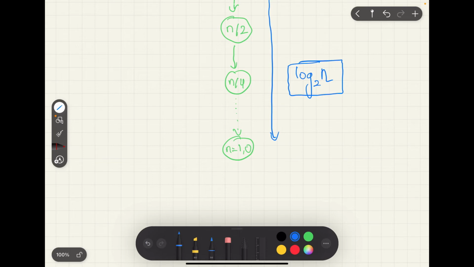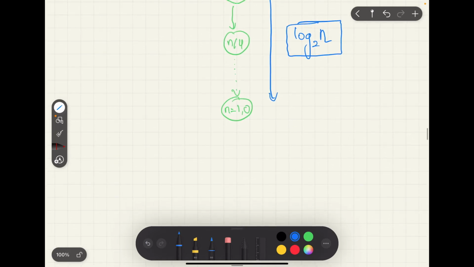Now, what I mean by tight asymptotic complexity: what we generally discuss is the big O complexity, right? So what is big O complexity? Big O is not the exact time complexity, but it is a tight upper bound on the complexity.